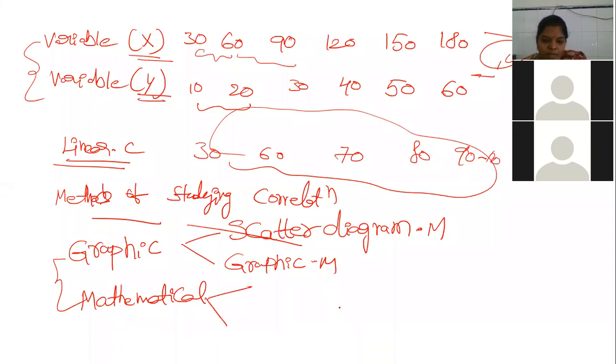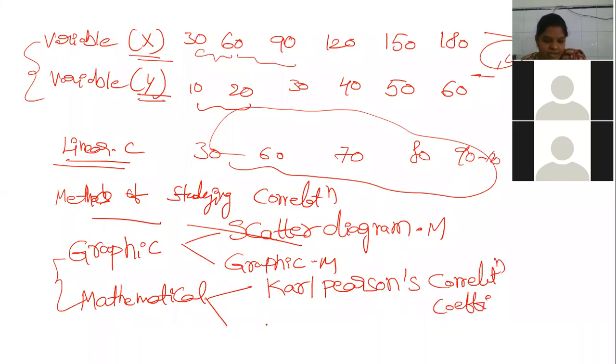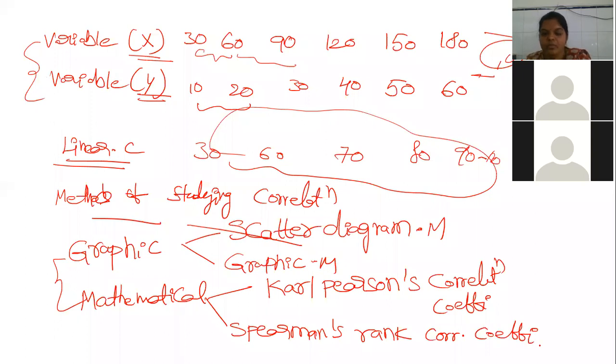Under mathematical method, you have Karl Pearson's correlation coefficient, and the second one is Spearman's rank correlation coefficient. We have these four methods to express our variables' correlation.